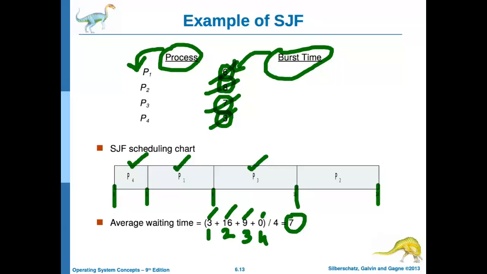This effect is called starvation. And of course, there are solutions for that. There is something called the aging policy. We will see that later because we need to discuss it anyway.